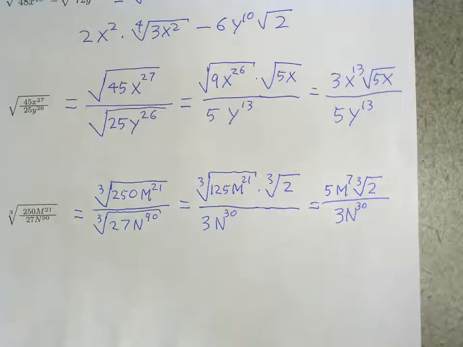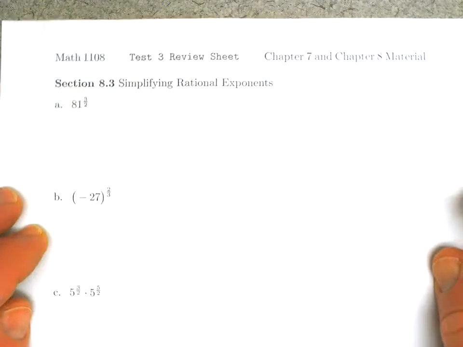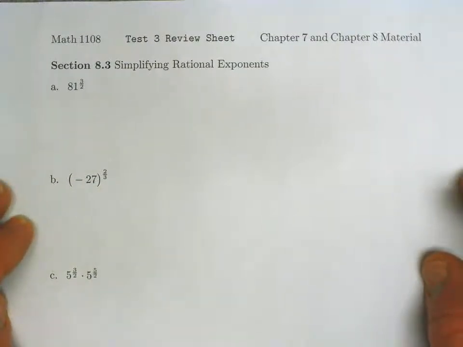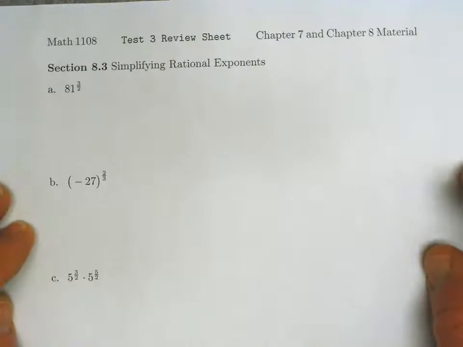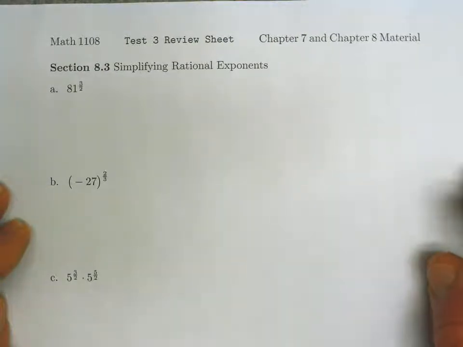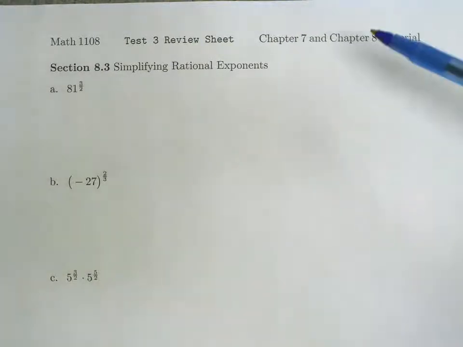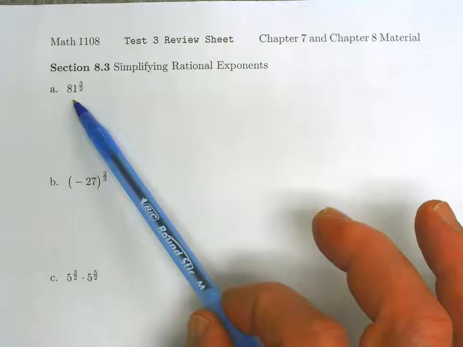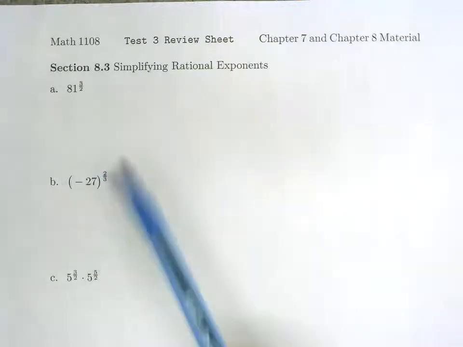Okay, we'll now look at some rational exponents. This is from section 8.3, simplifying rational exponents. Notice it doesn't say to convert to radical form. It just says to simplify those numbers with rational exponents.